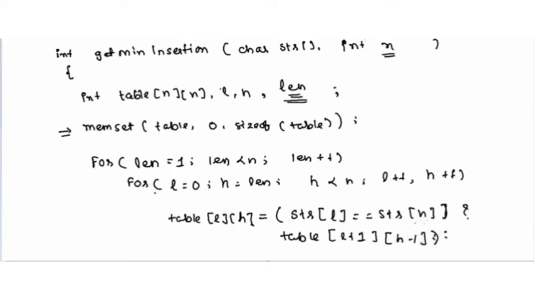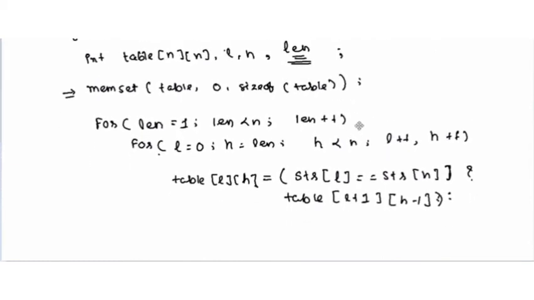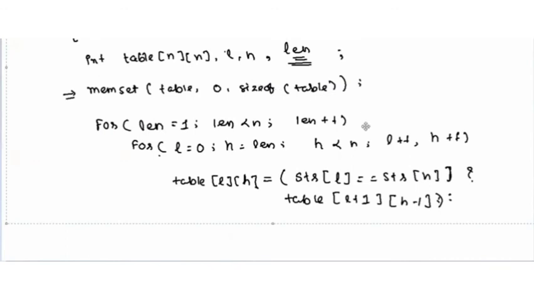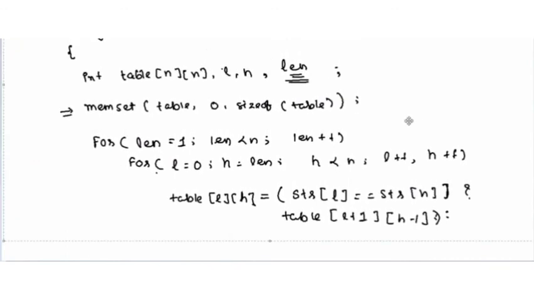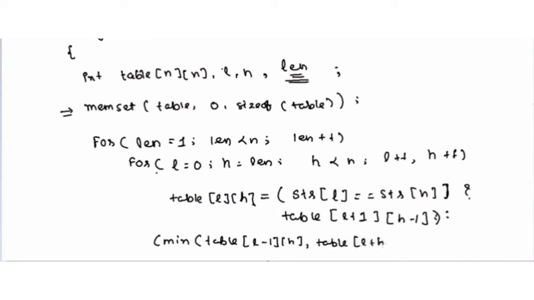And if they are not matching, then we can fill it with the same formula as the recursive one: the minimum of table of L, H minus 1 or table of L plus 1, H.